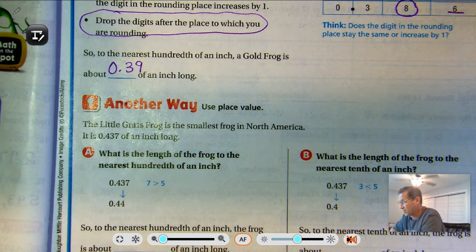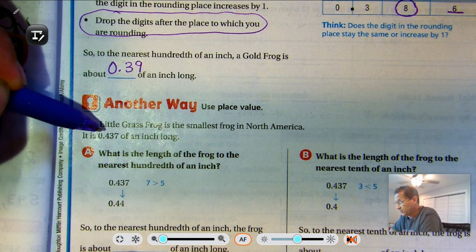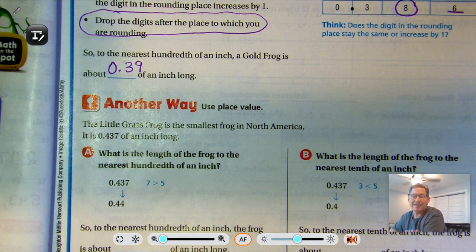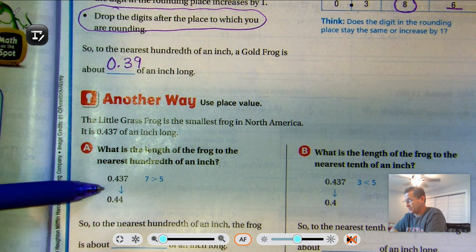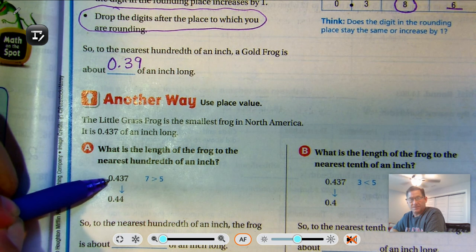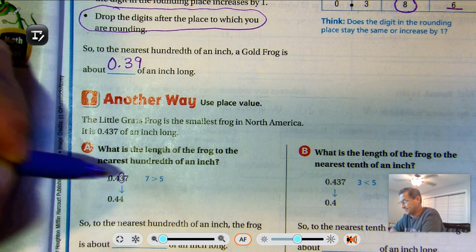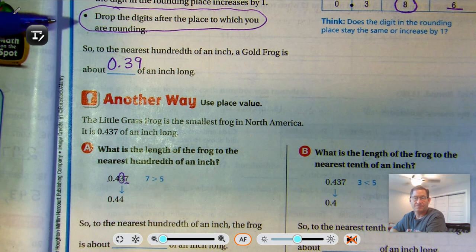Okay, the little grass frog is the smallest frog in North America. It is 437 thousandths of an inch long. What is the length of the frog to the nearest hundredth of an inch? All right, so this is the number. Where is the hundredth? The hundredth is the 3. So we have to look to the digit to the right, the thousandths.